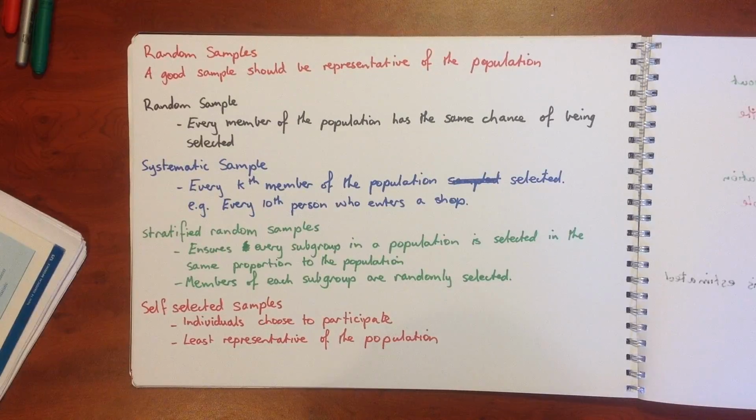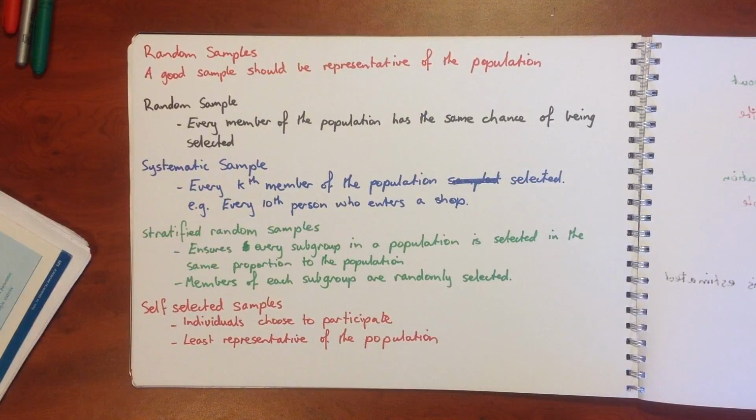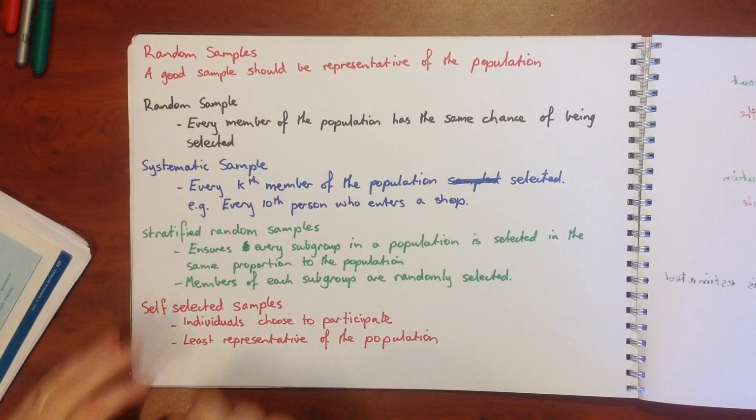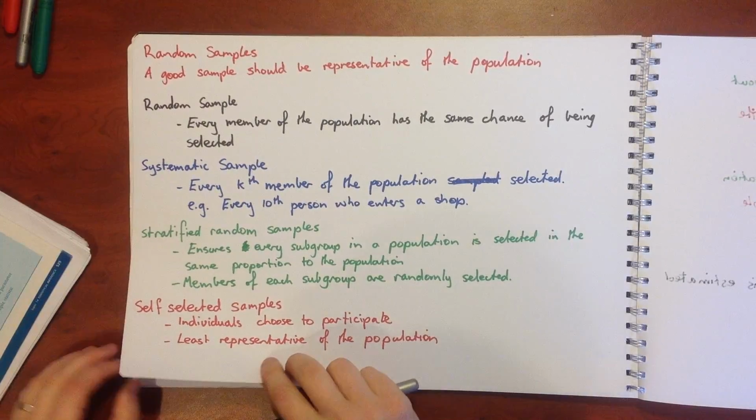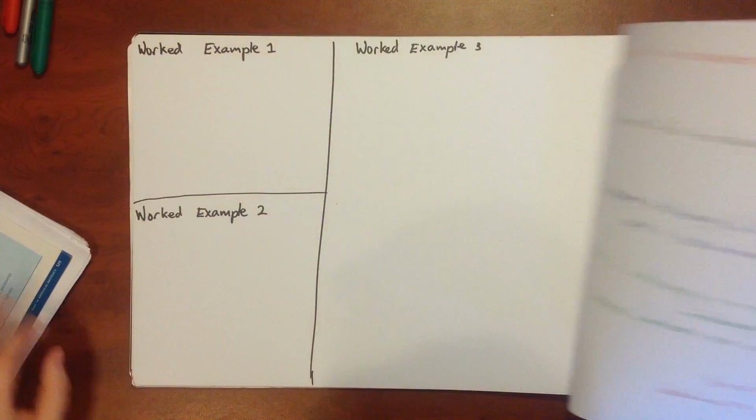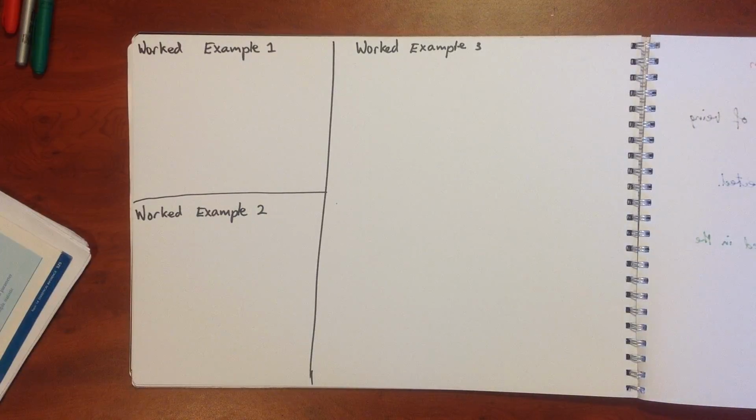News polls in newspapers are also self-selected, because you've got to text in your response. People are choosing whether they want to do that or not, and depending on what they're talking about, people will be more or less likely to be involved. So we'll have a look at some worked examples.